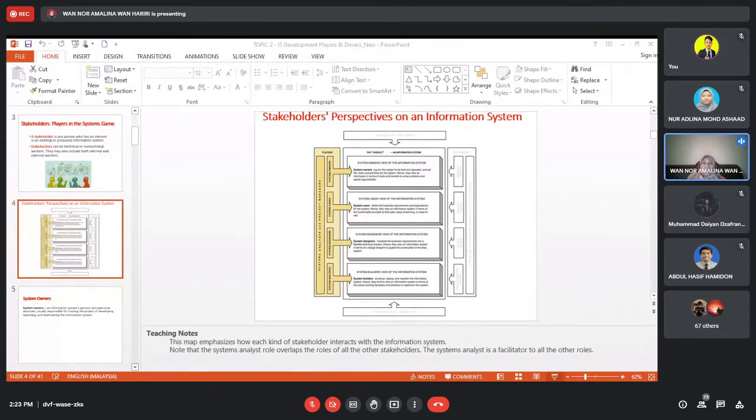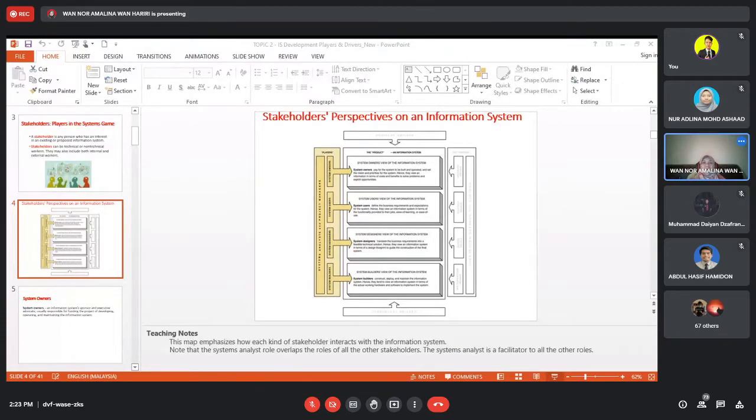So system owners are the ones who sponsor. When we talk about sponsor, it deals with money. They are the ones who fund the project. Executive advocates are responsible for funding the project of developing, operating, and maintaining the IS. They are the owner of the system.